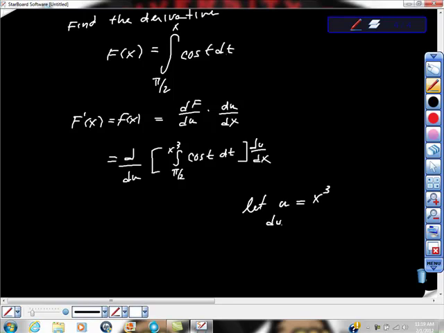If that's true, then du/dx would equal 3x squared. Here I am picking up these pieces.